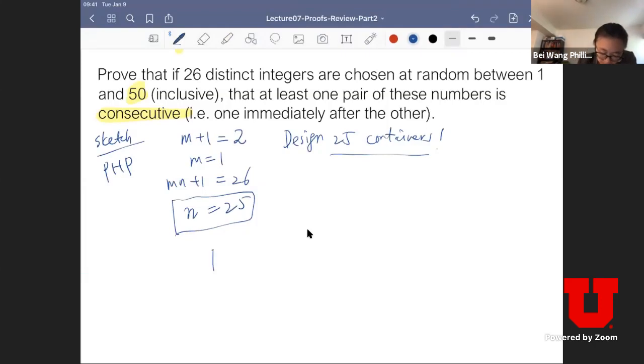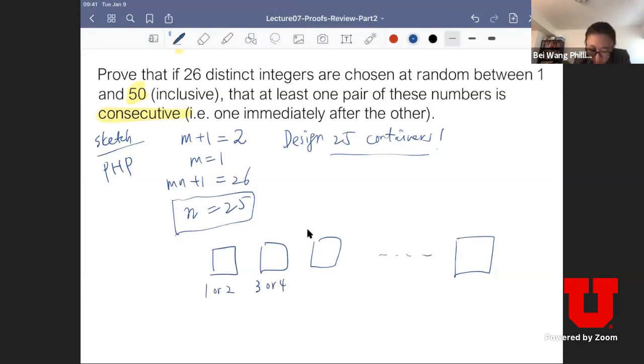So what I end up having is 25 containers. The first container is if the number is 1 or 2. The second container is if the number is 3 or 4. The third container is 5 or 6. The last one is 49 or 50.